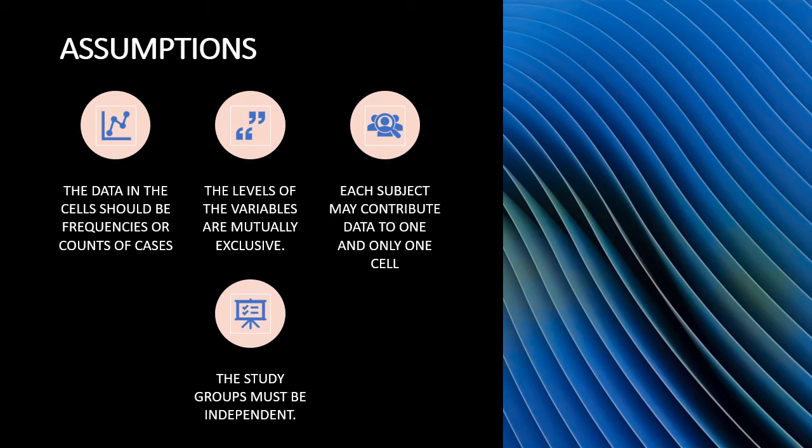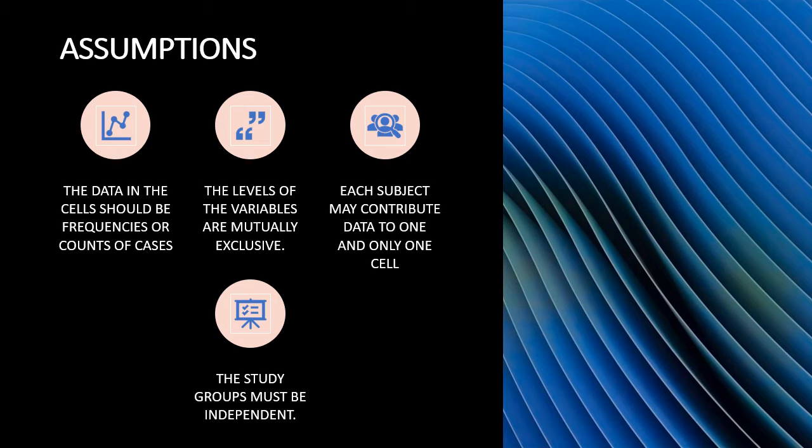Each subject may contribute data to one and only one cell of the chi-square test. If, for example, the same subjects are tested over time such that the comparison of the same subjects fits into different time slots, then we cannot use the chi-square test.